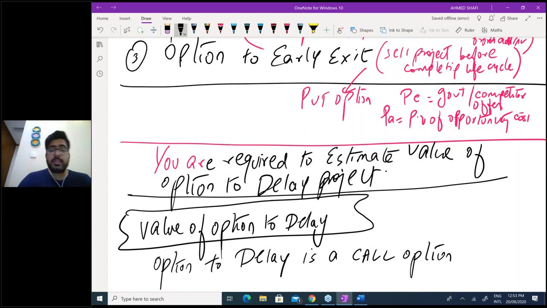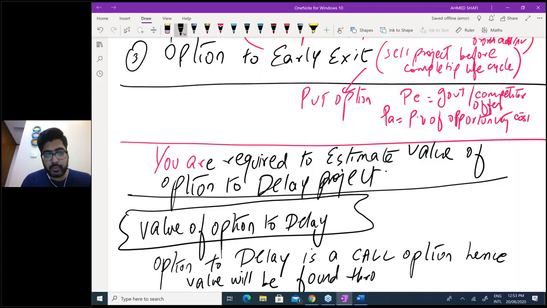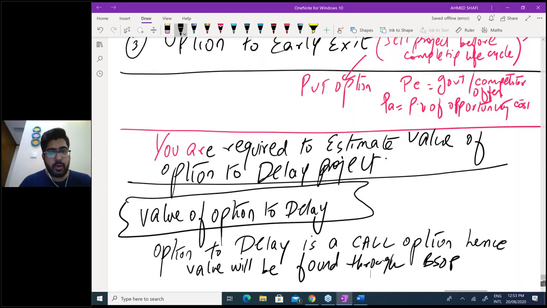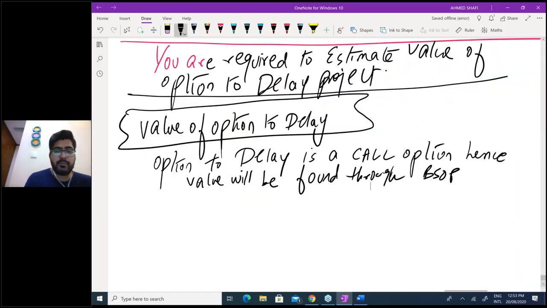So option to delay is a call option, hence value will be found through BSOP.